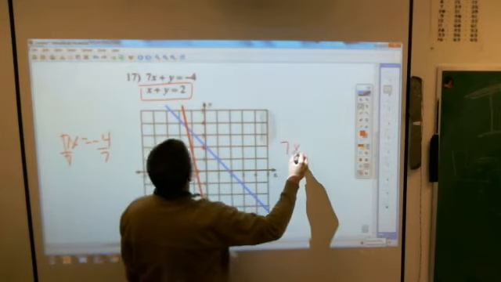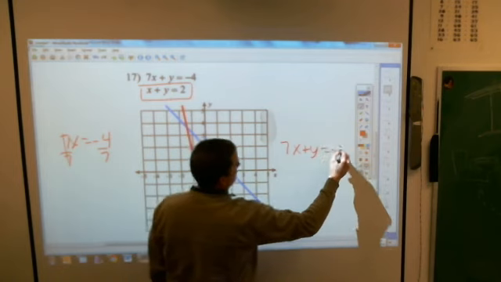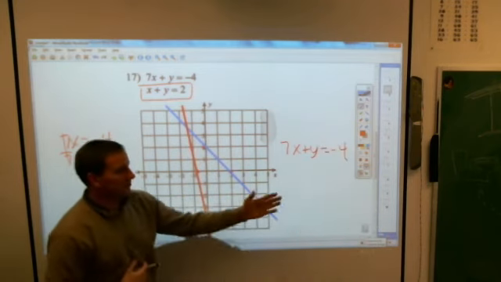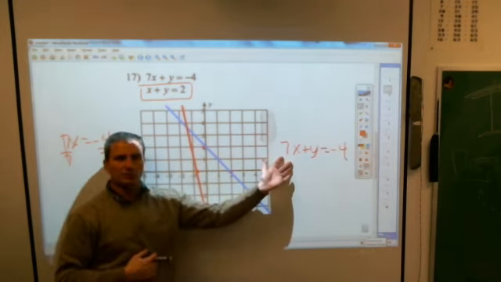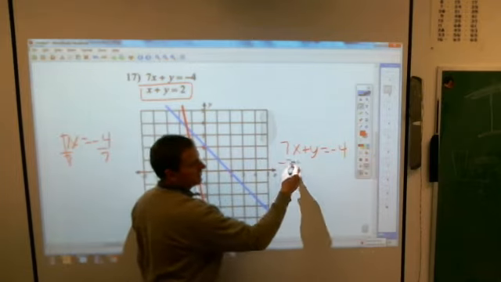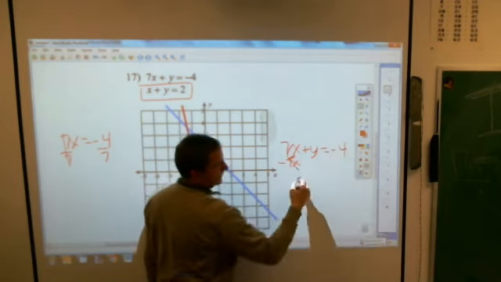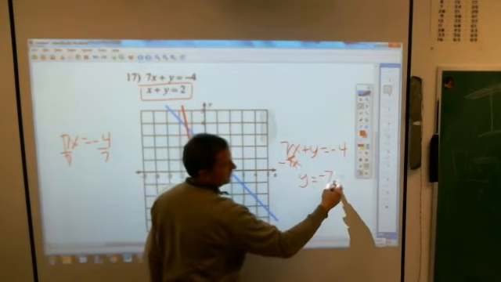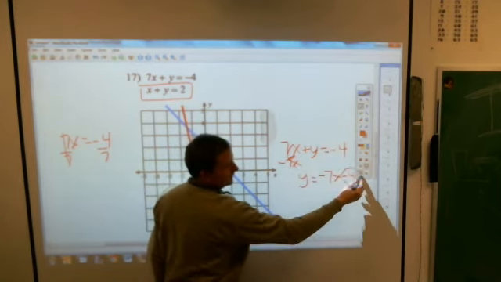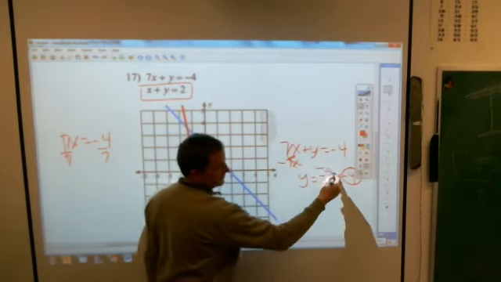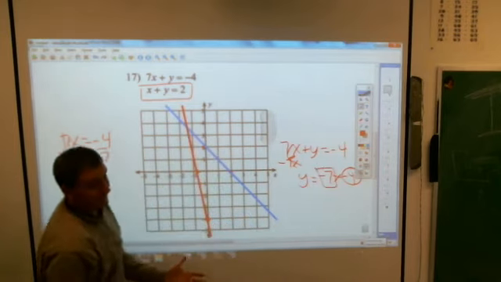If you have 7x plus y equals -4, it's pretty simple to make this in slope-intercept form by doing what? Solve for y, what do you end up with? You just subtract the 7x over. If you subtract the 7x over, you get y equals -7x minus 4. Well, you've got the y-intercept, and this is the slope of the line, which is going to give you exact points.